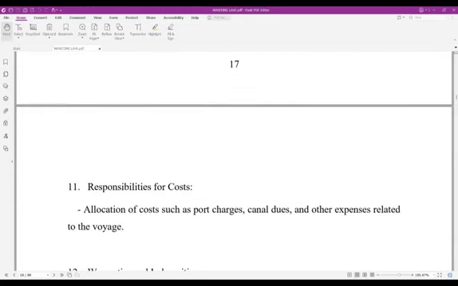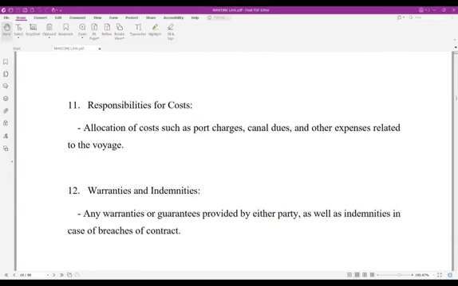The responsibilities for costs is another factor or key variable involved in the carriage of goods by sea. The allocation of costs such as port charges, canal dues, and other expenses related to the voyage are embedded within this factor or consideration.